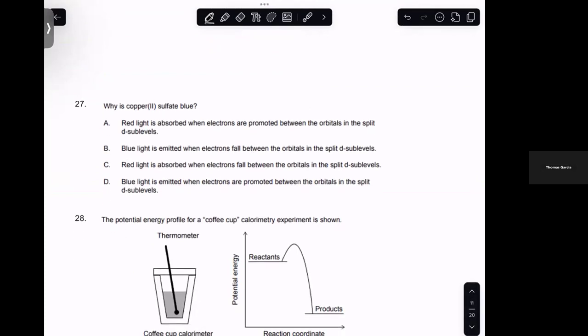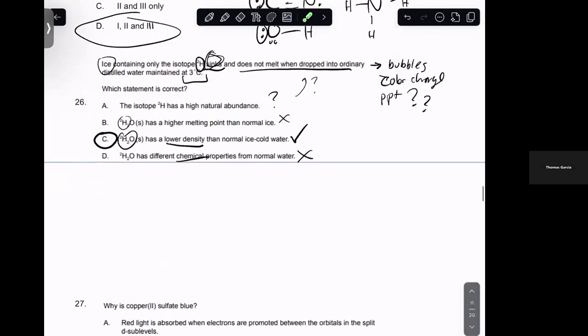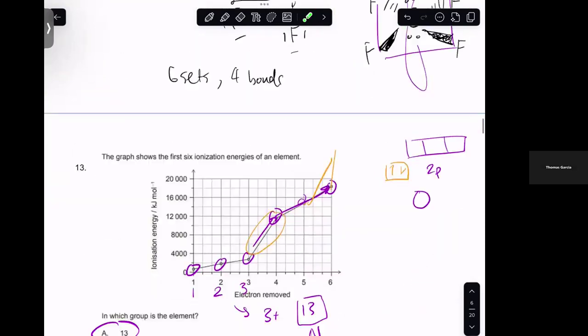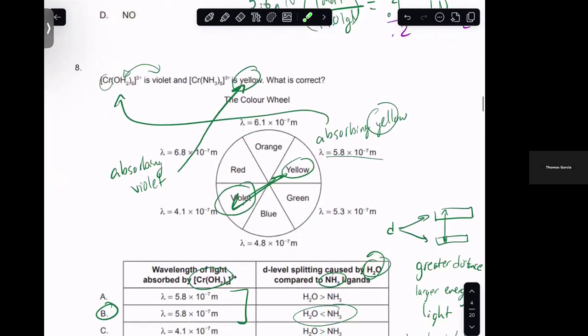All right, 27. Why is copper 2 sulfate blue? Red light is absorbed when electrons are promoted between the orbitals in the split d sublevels. I mean, honestly, that already sounds good. We actually did a problem way before. So if we look back in our test, maybe too far? Nope, not far enough.